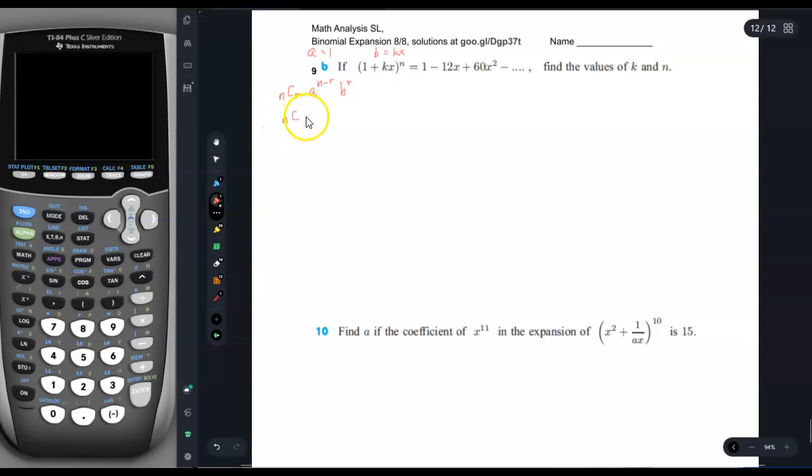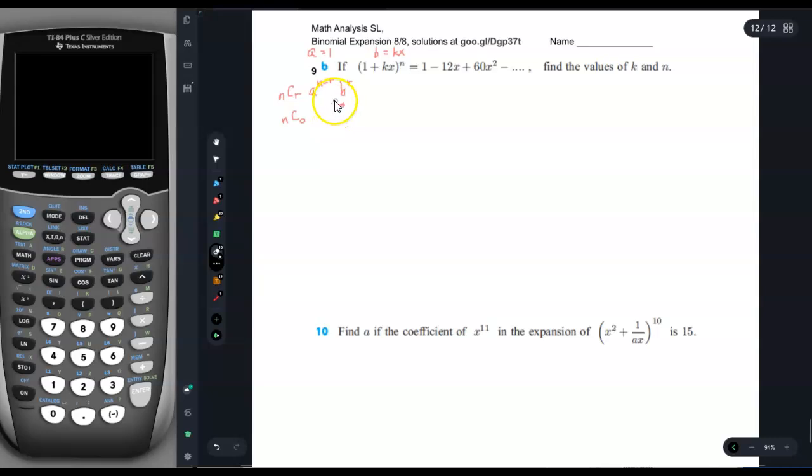The r value for the first term is 0, and of course, the a value is 1, so we could put 1 to the n minus r, but 1 to the n minus r is just 1, so we won't even write the a value. If we wrote it, it would be 1 to the unknown n minus 0, but this is just 1, so we're not even going to write it.